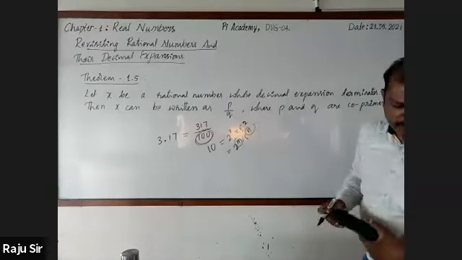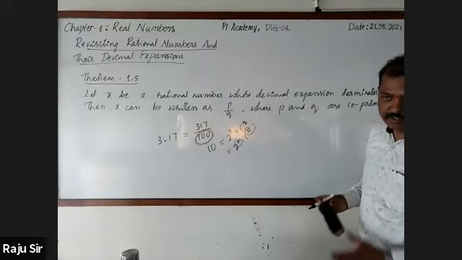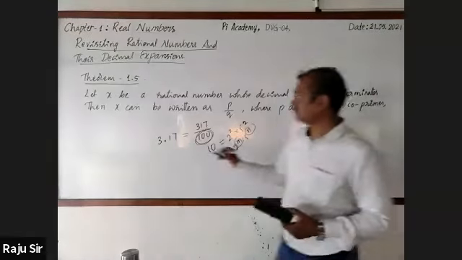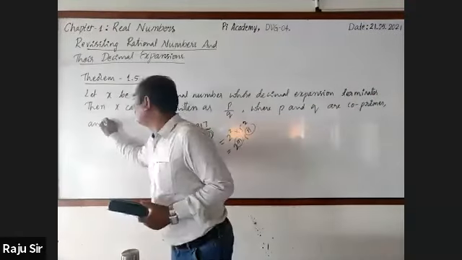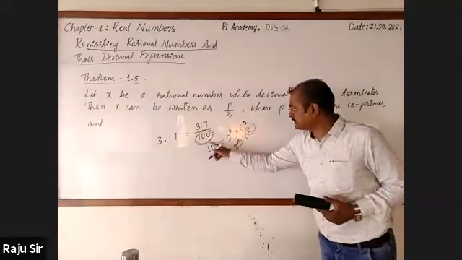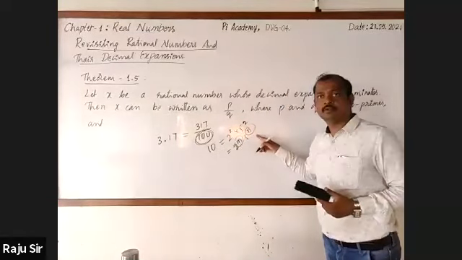Co-primes. P and Q are co-primes, and what will be the prime factorization of the denominator? 2 to the power m into 5 to the power n.